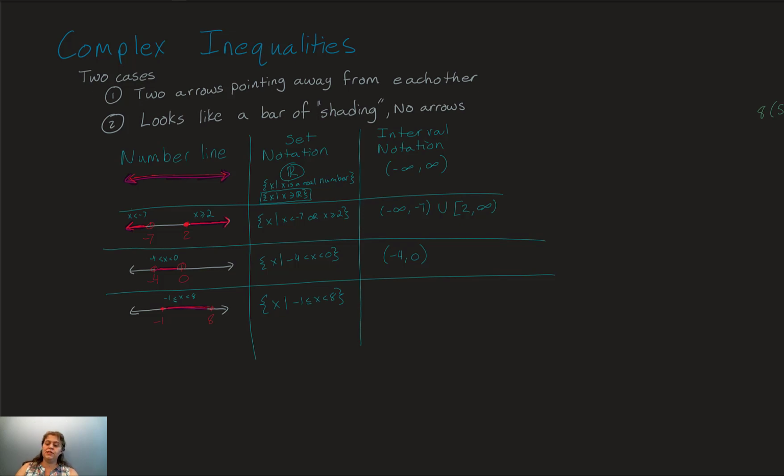How you English this is you say, I'm looking for the set of all numbers x such that -1 is less than or equal to x is less than 8. That's how you would English that particular grouping of symbols. And then we're going from -1 to, I almost wrote an infinity, +8. And I want to get to -1, but I am not going to include 8.